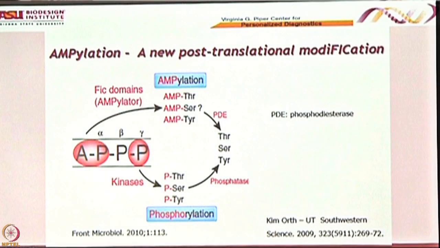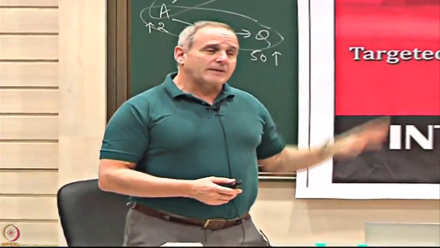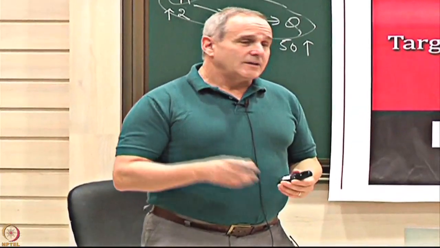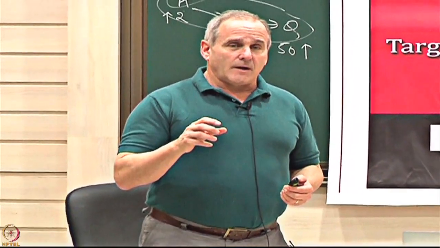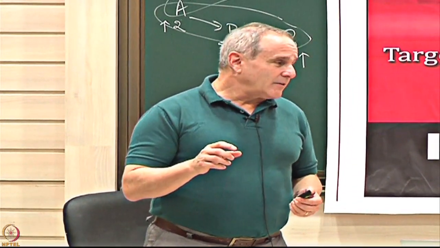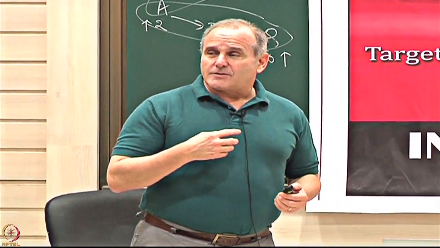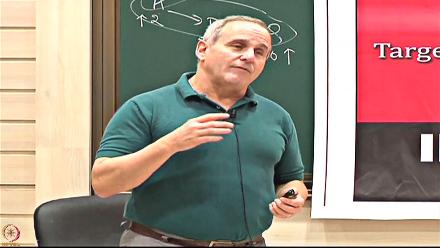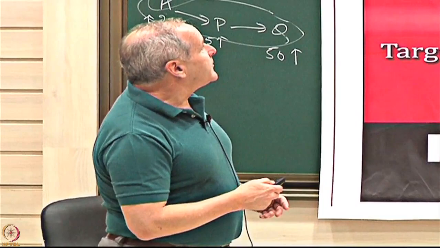We don't fully understand what the biology of this interaction is, but one of the places where we see it most often is when bacteria infect an individual and then the bacteria use this to modify host proteins. So it's possible that pathogens have used this as a way to regulate expression in cells.